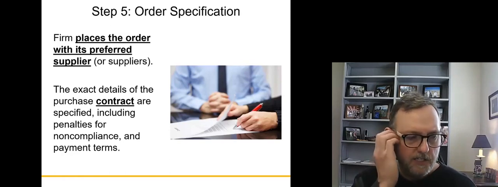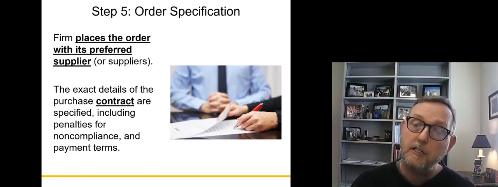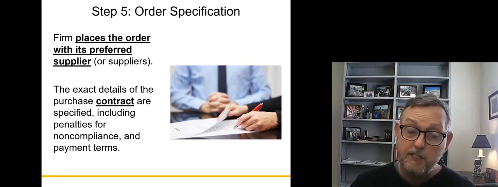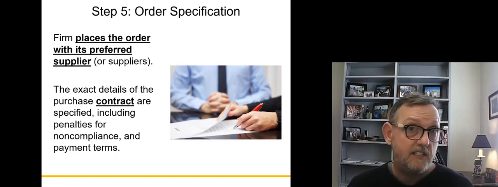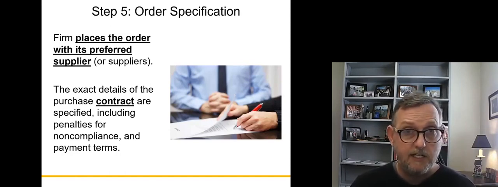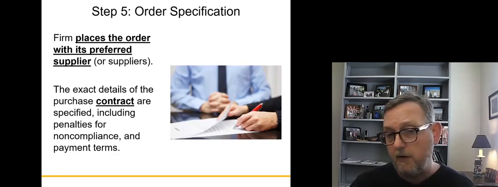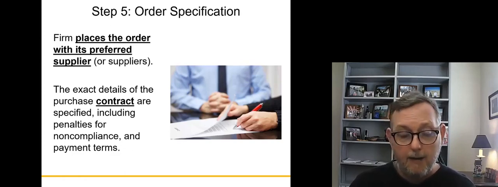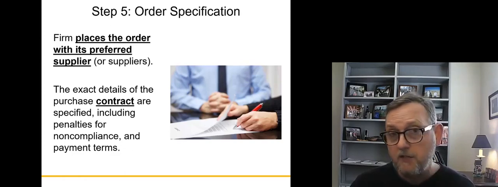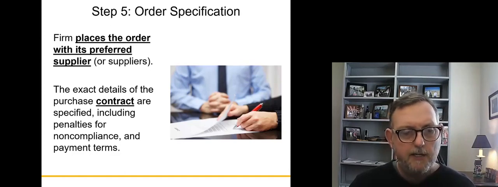What happens in the contract? We'll go back to the contract, but what happens if the vendor is late sending the equipment or the supply or whatever we bought? What happens if it's damaged? Who pays for that?